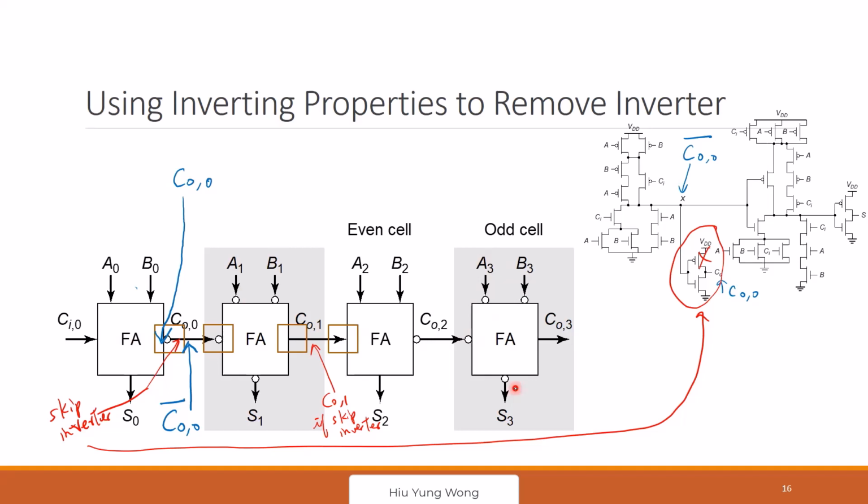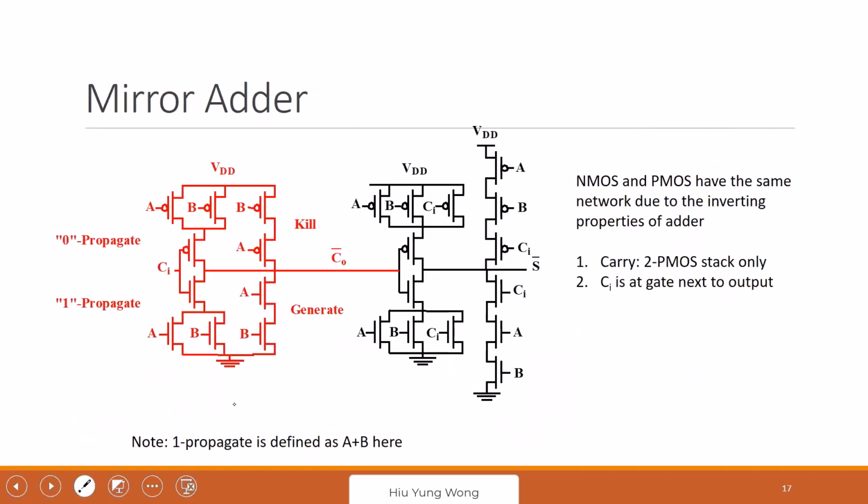But on the other hand, here I save 2 inverters because the S is also saved. No, S might not be saved. We don't really save the S. Sorry, S is not saved. We only save 1 inverter. So you do have an extra inverter. That is right, you are right. More area and power consumption, so it's a trade-off. Okay. Good.